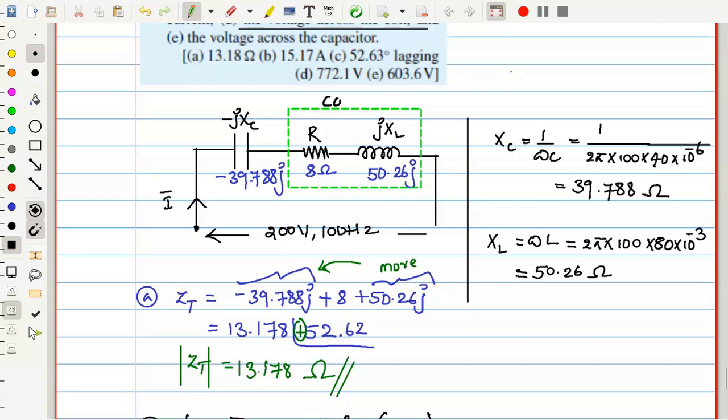So this entire thing is the coil. Now voltage across the coil is nothing but this one. This entire thing let me consider as V coil. That is what we need to find. So how do we find it?